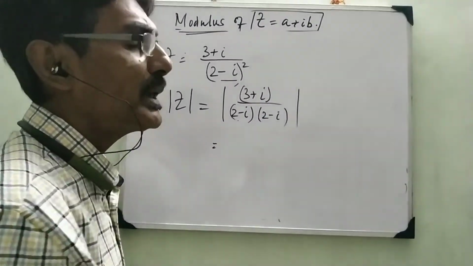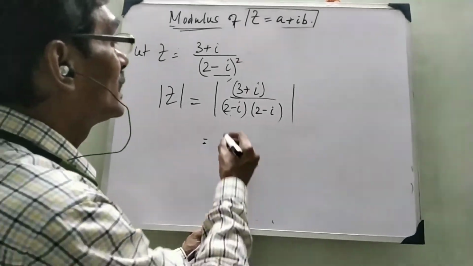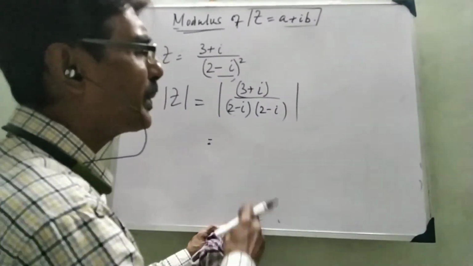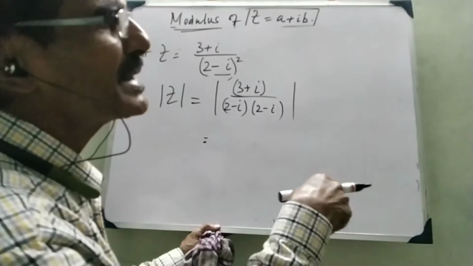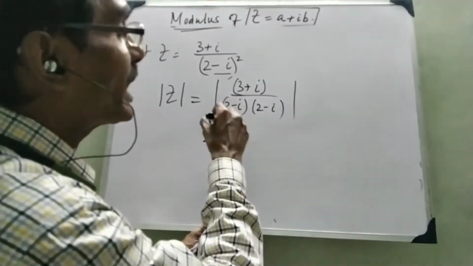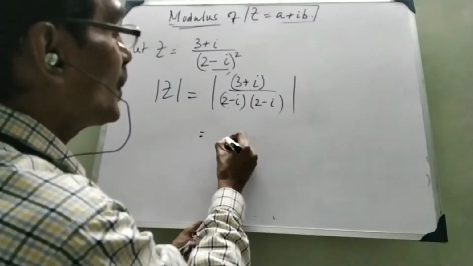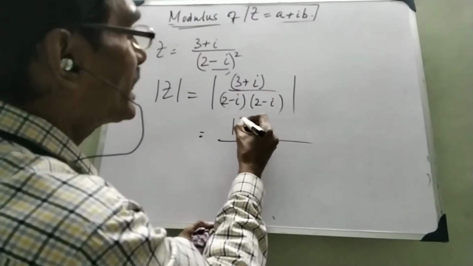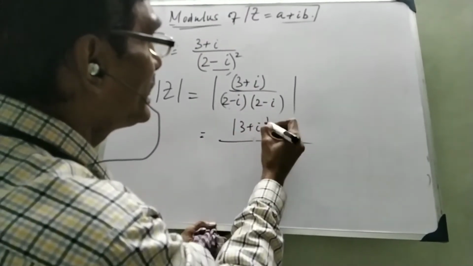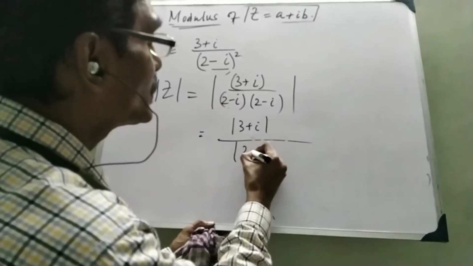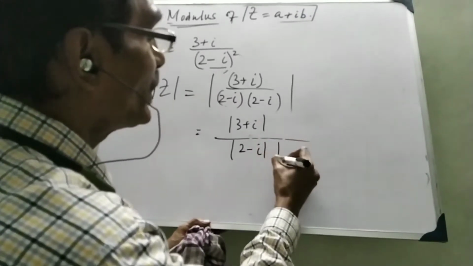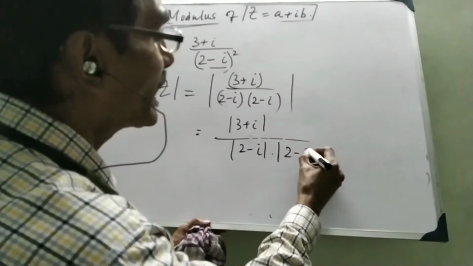So what property are we using? Whole modulus for so many complex numbers given as a product or a division, we can distribute the modulus. So by distribution law, what can we write? Modulus of 3 plus i divided by modulus of 2 minus i, into modulus of 2 minus i.